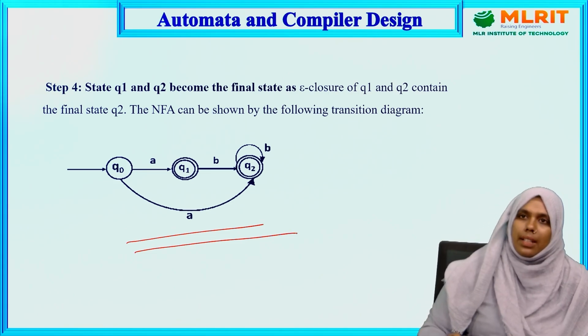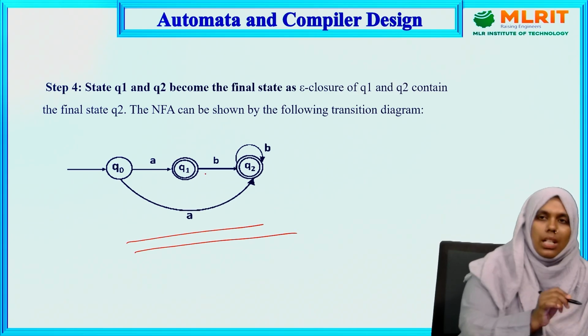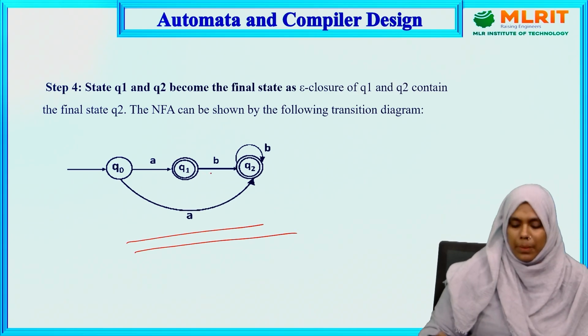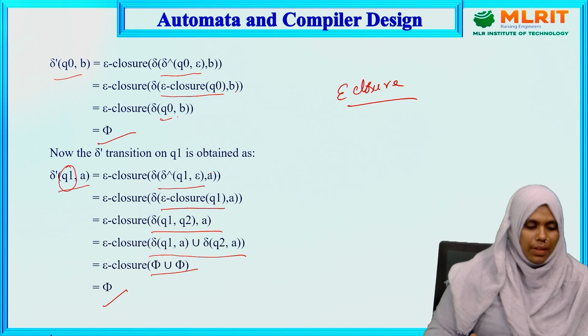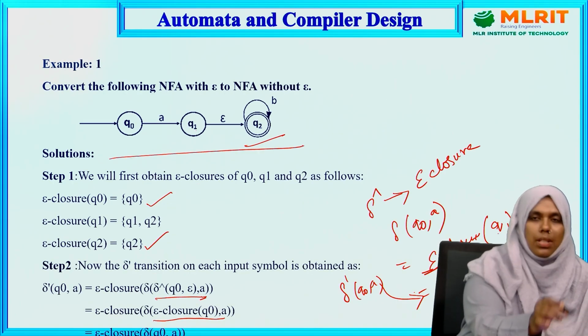How are we saying that it is without epsilon? Because here we don't have the epsilon symbol. If you see the question given there, in the question we have the epsilon.